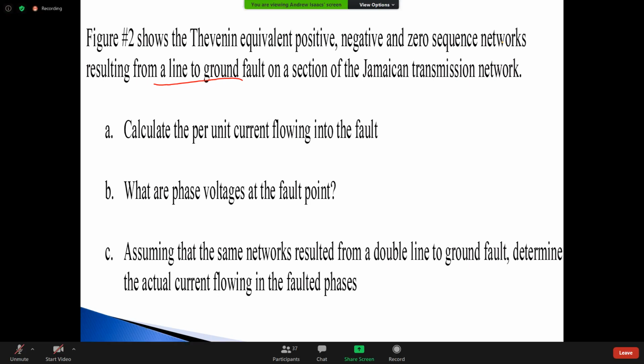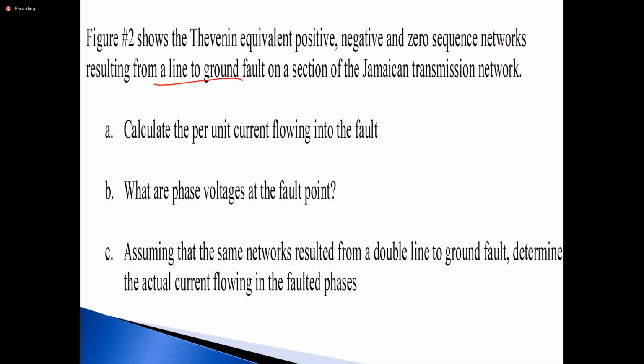Are you supposed to get 0? Is that what you're saying? The boundary condition says IB equals IC equals 0, but you're getting 0.001. Yes, sir.